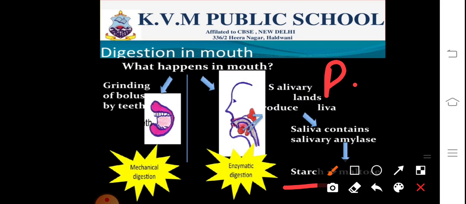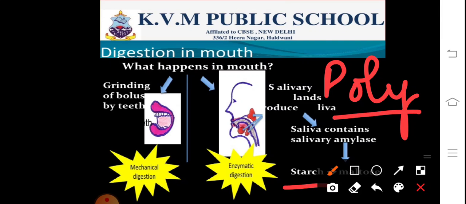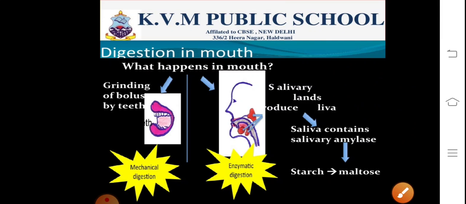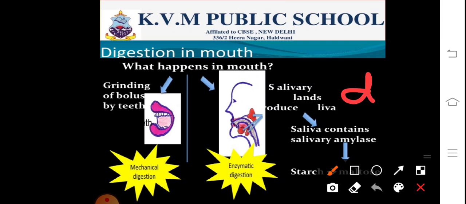Poly refers to many and saccharide refers to sugar. Now this polysaccharide, that is starch, will break down into maltose, which is a disaccharide. When I use the term di, it refers to 2 units of sugar.